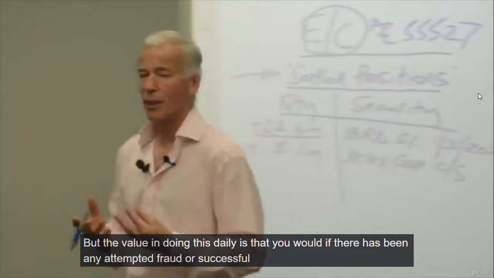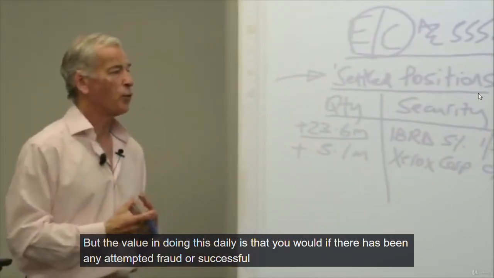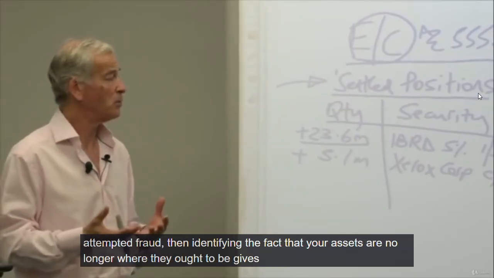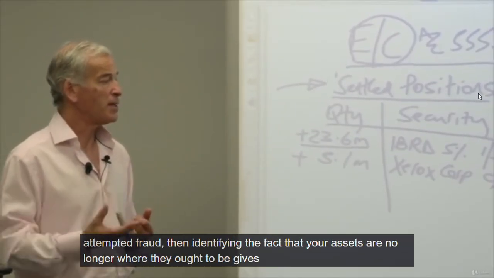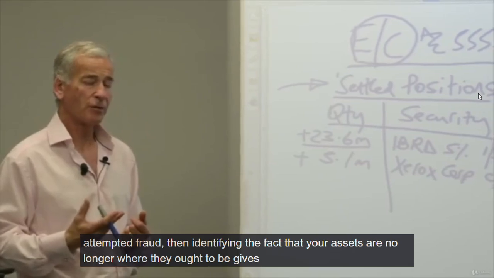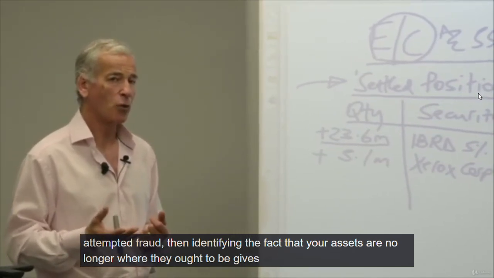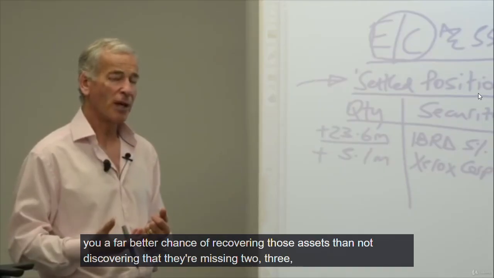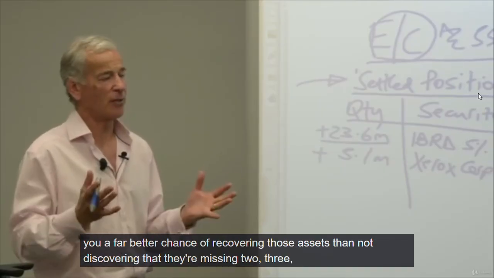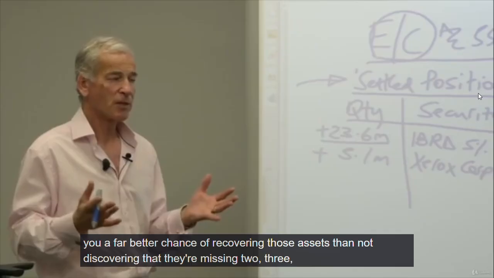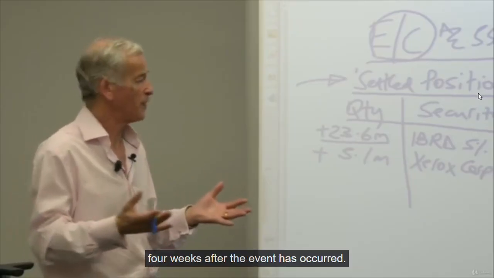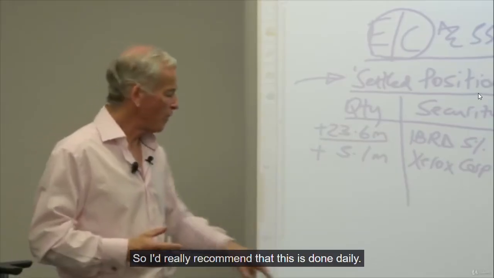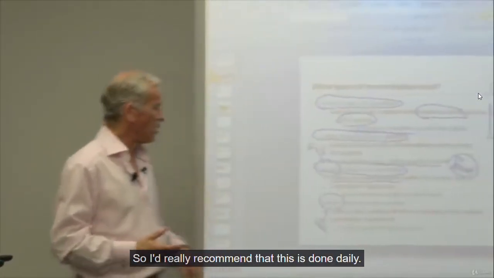But the value in doing this daily is that if there has been any attempt at fraud or a successful attempt at fraud, then identifying the fact that your assets are no longer where they ought to be gives you a far better chance of recovering those assets than not discovering that they're missing 2, 3, 4 weeks after the event has occurred. So I'd really recommend that this is done daily.